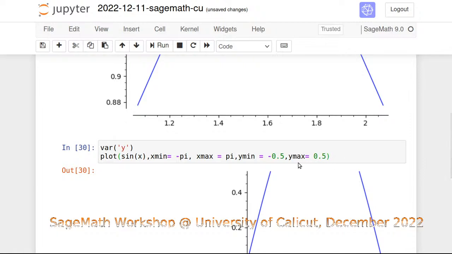Okay, sorry, I have not started sharing the Google Sheet. Those who are interested may use the Google Sheet for copying and pasting. Let me just start.